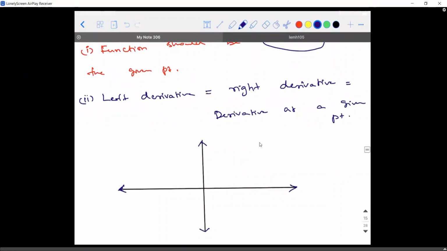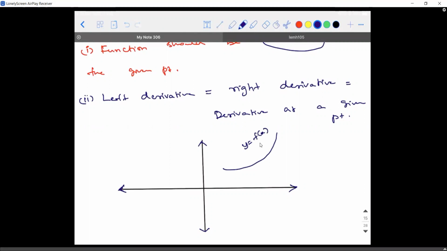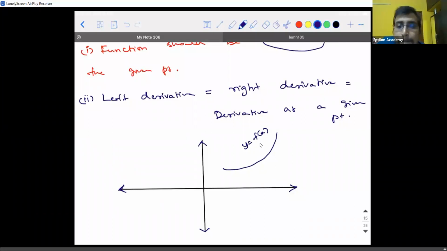For example, if I have a function y is equal to f of x, is the output the tangent or something else? It's not the tangent. It is the slope of the tangent. Have that in your mind. I'll explain why it is so.